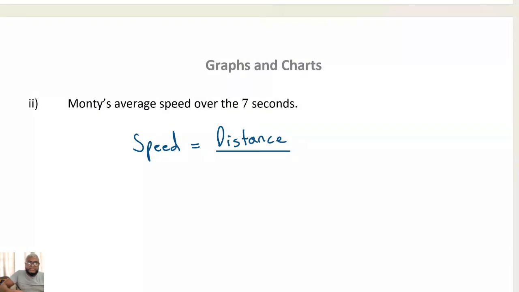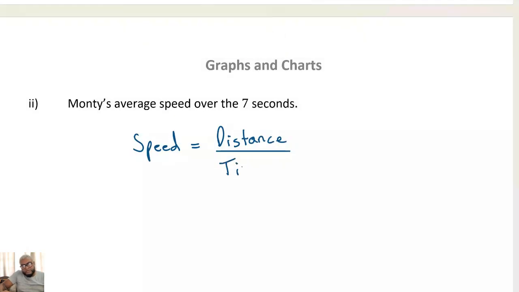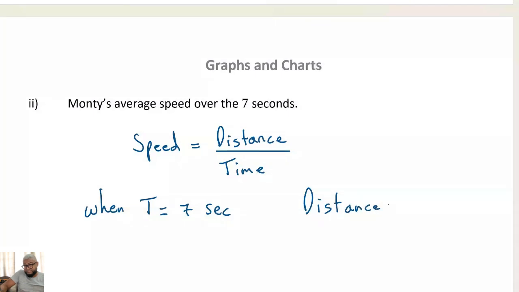They did give us our time. What's our time here? So the time is 7 seconds. We need to find the distance. We don't know the distance.